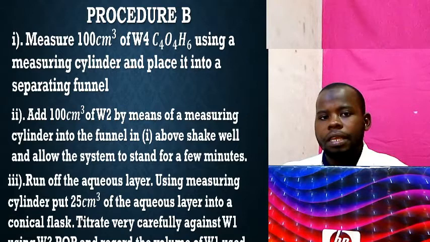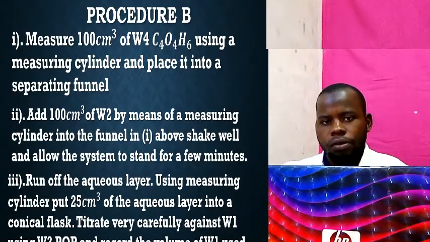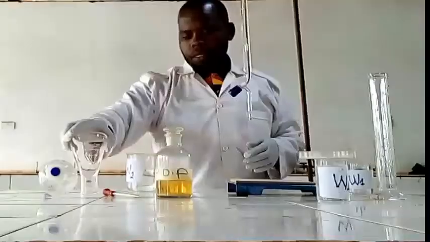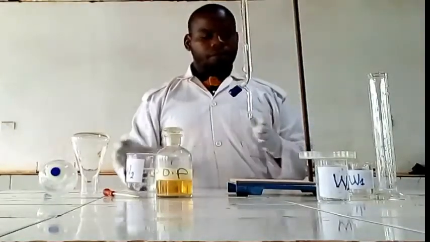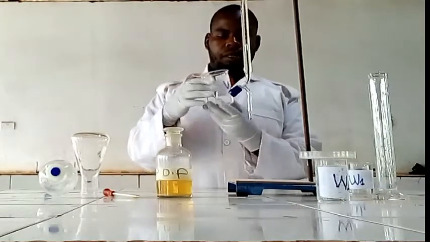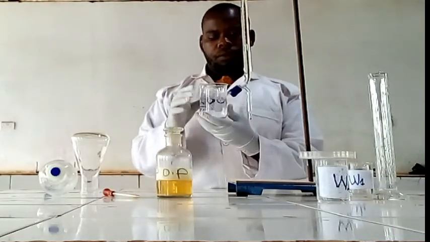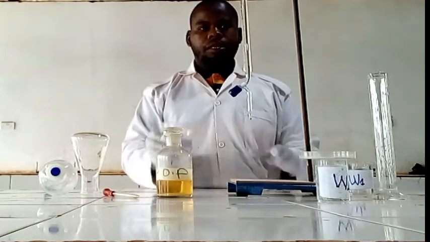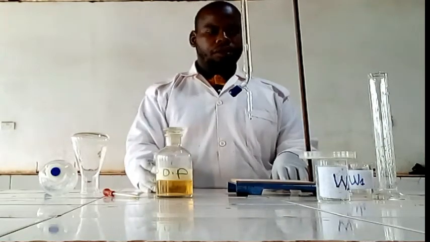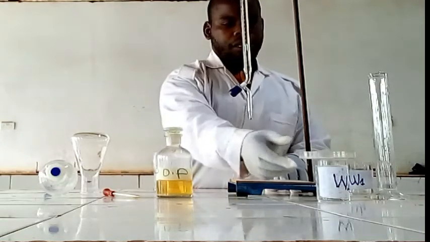For procedure B, we also go to the laboratory to see how to perform this experiment. For the second procedure, we have to mix W1 and W2 with the organic solvent, which is diethyl ether.